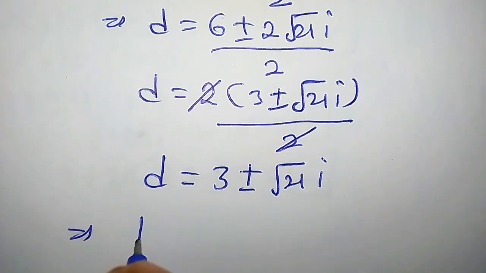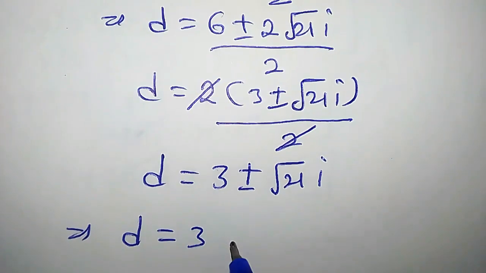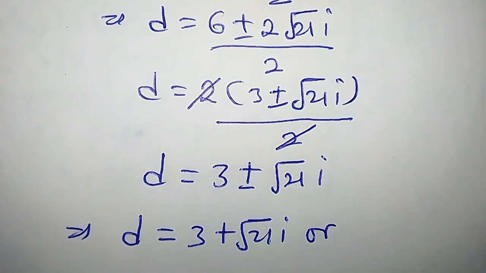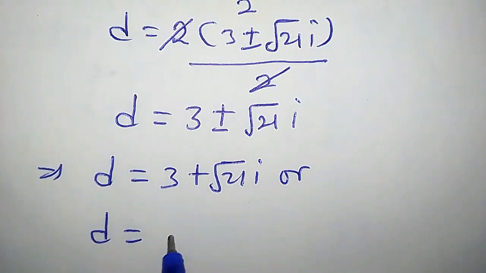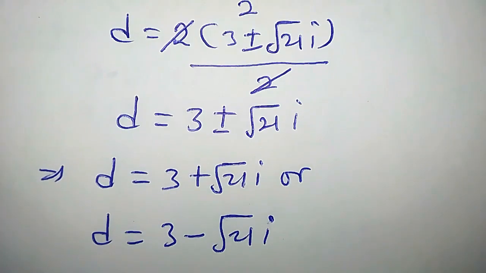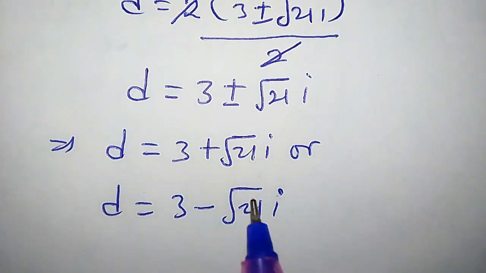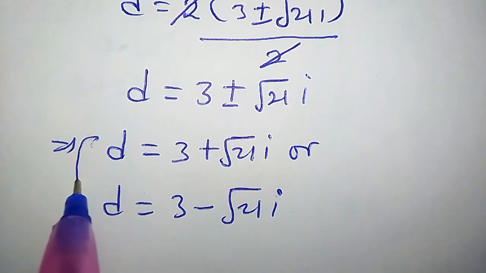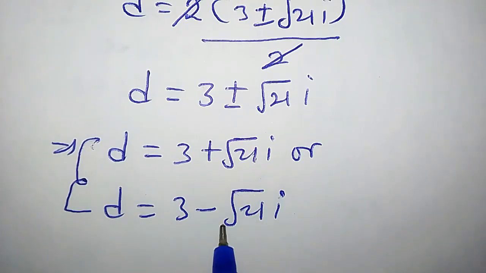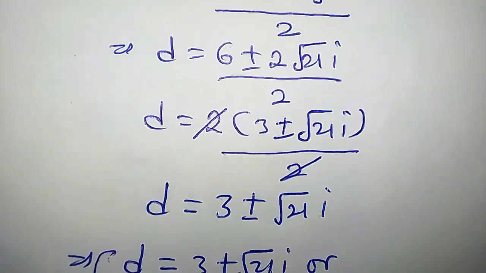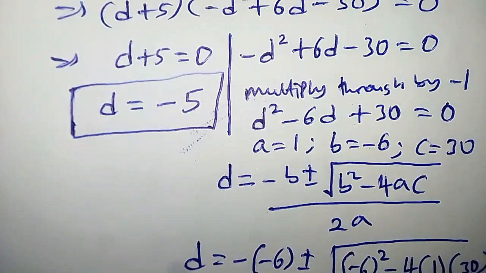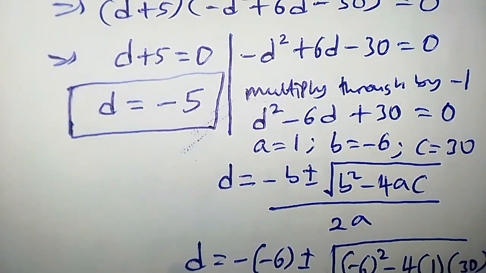This implies that d is either equal to 3 plus the square root of 21 i, or d is equal to 3 minus the square root of 21 i. You will see that we have two complex solutions here, d equals 3 plus the square root of 21 i and 3 minus the square root of 21 i, and only one real solution that we obtain here, d equals minus 5.